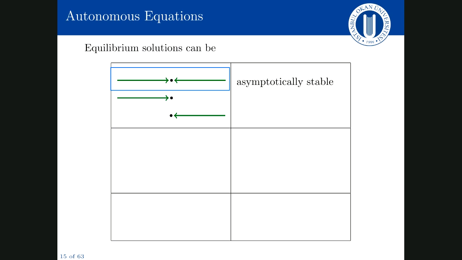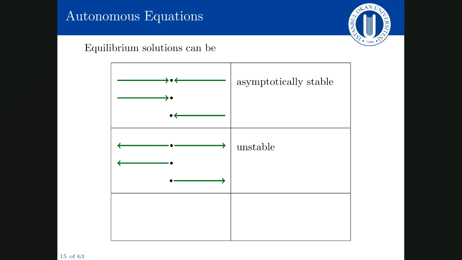If we have an end point, then we're only going to have one arrow beside the point, either pointing towards it or pointing away from it. If the one and only arrow is towards it, then again, the equilibrium solution is asymptotically stable.